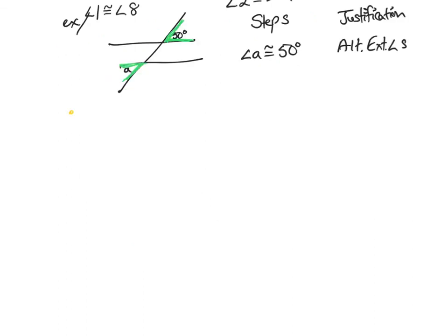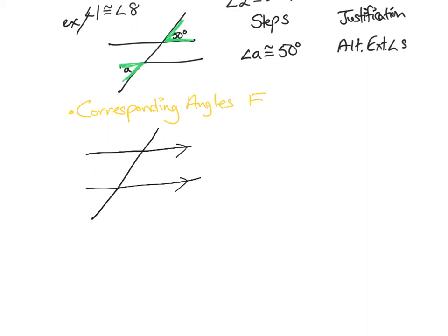The third type is called corresponding angles. And when we're looking for corresponding angles, we think of an F. So if we have our parallel lines, our transversal, and this is angle 4, and this is angle 8, together it creates an F. The reason it's called corresponding is because they're in similar positions.